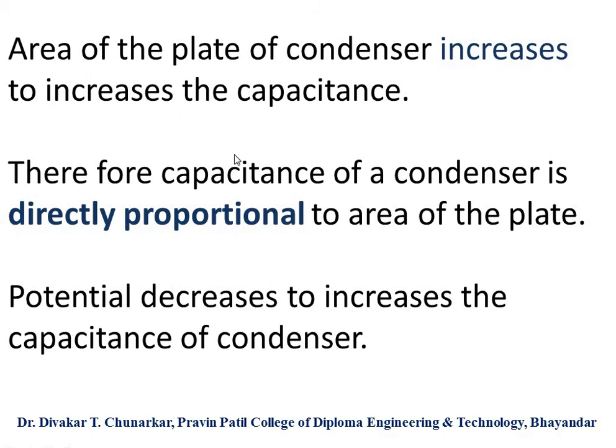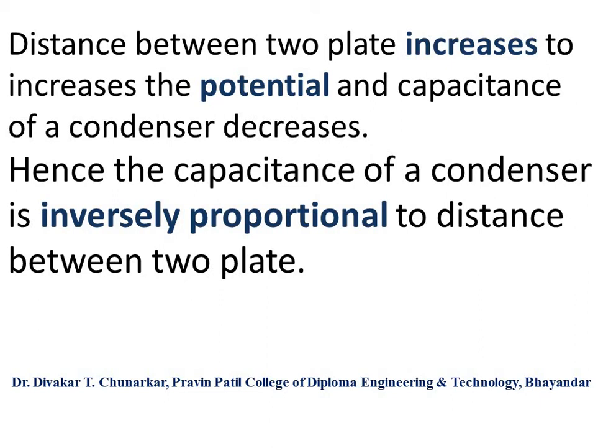And when capacitance increases, the condenser is directly proportional to the area of the plate. The potential difference decreases to increase the capacitance of the condenser. When the distance between two plates increases, the potential increases and the capacitance of the condenser decreases, keep in your mind.